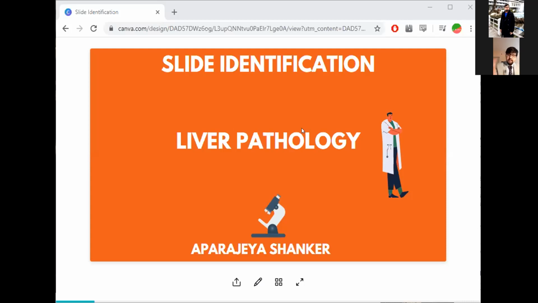Plus, each time you look at a slide, there are many variations of the same slide, even in the uni. Because obviously they need to take specimens from various different organs, and because of which you have a lot of difference in how each slide looks even after preparation.